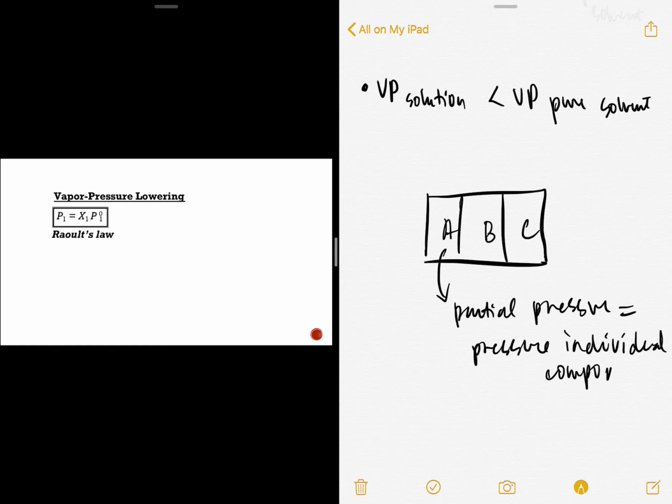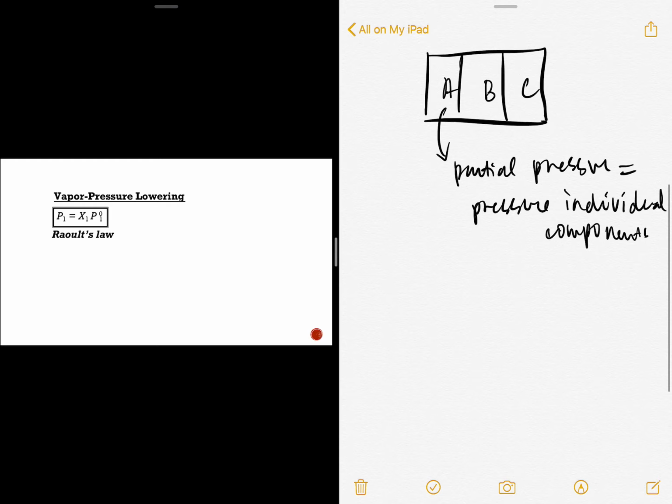Ayan. So, sabi ni Raoult's law, if you want to get the partial pressure of these individual components, all you have to do is multiply the mole fraction and the pressure of that pure component.